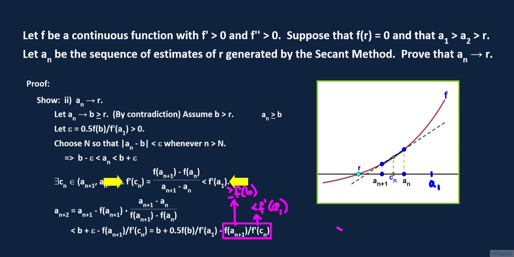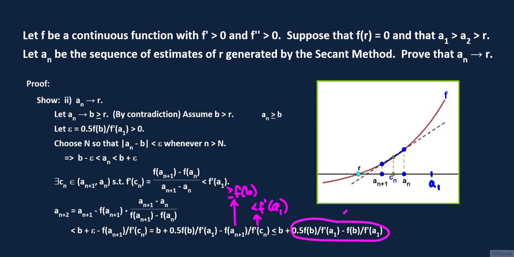So this fraction has to be greater than f of b divided by f prime of a sub 1. But the minus sign in front changes the direction of the inequality, and we obtain a quantity that is at least as big as a sub n plus 2. This part is negative, and therefore a sub n plus 2 is less than b.